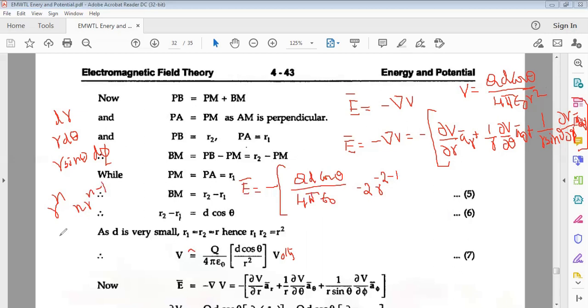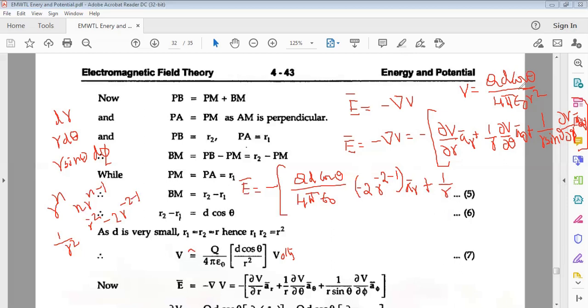What is 1 by r square? The derivative is r power minus 2. So minus 2 into r power minus 2 minus 1 is the derivative of 1 by r square, into a r bar. The second term is 1 by r into dou v by dou theta.